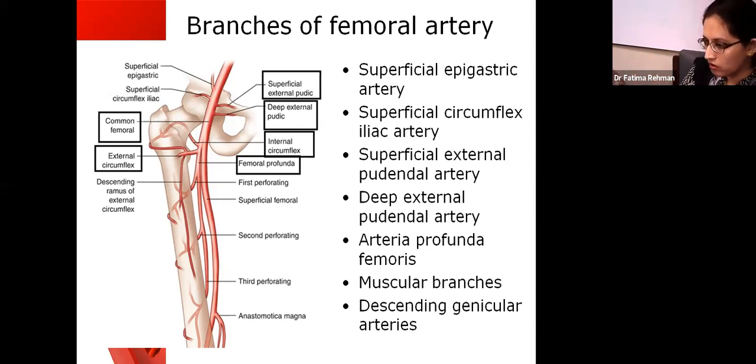So the lower three arteries are destined to give blood supply to the lower extremity, while the upper four are those which are associated functionally with the groin region and the perineal region. And the superficial structures as well as the deeper structures got the blood supply from these branches.